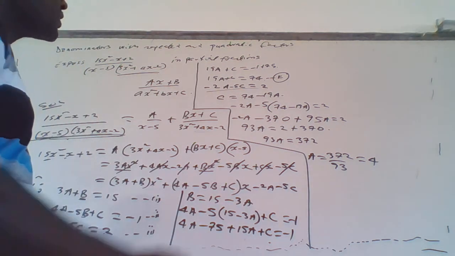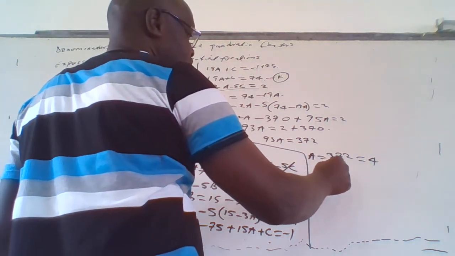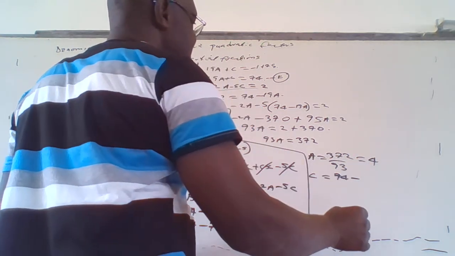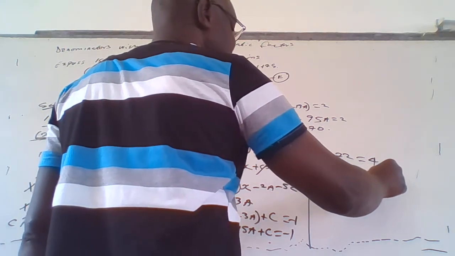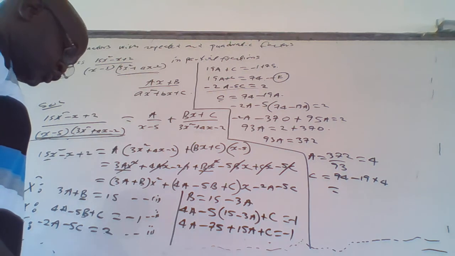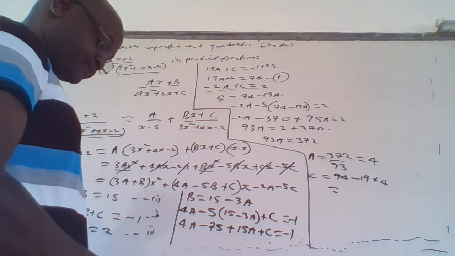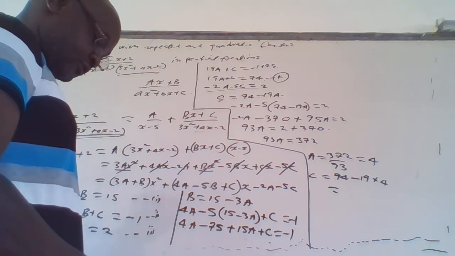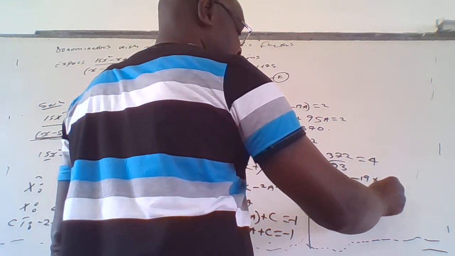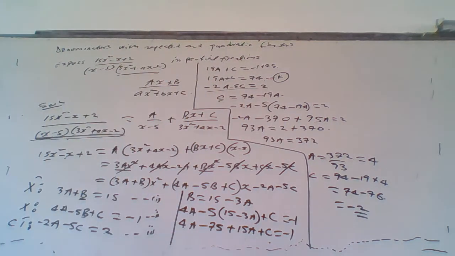So if a is 4, then we can get the value of c here. The value of c then will be equal to 74 minus 19 times 4. 19 times 4 is equal to 76. So we have 74 minus 76 equals negative 2. So c is negative 2.